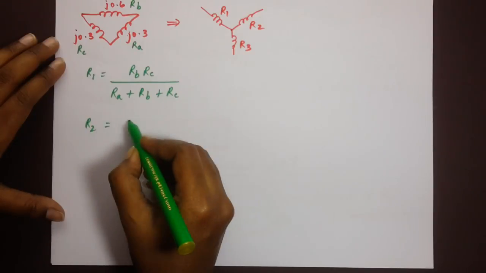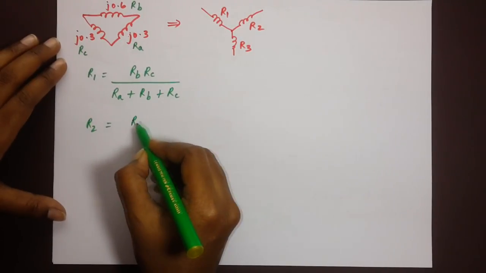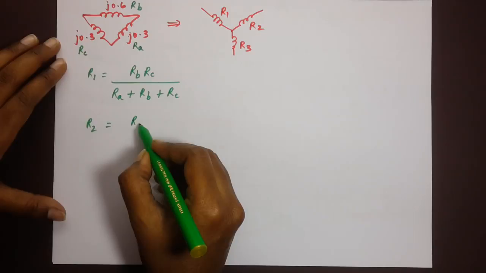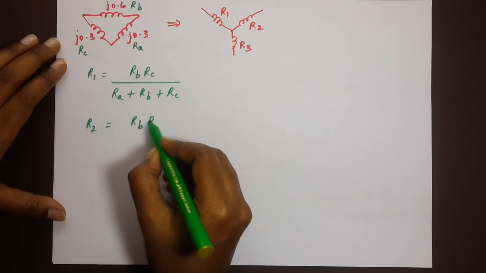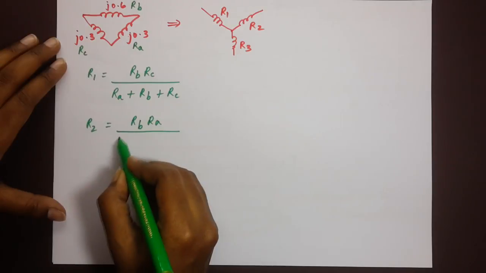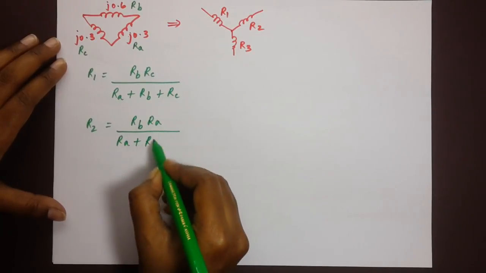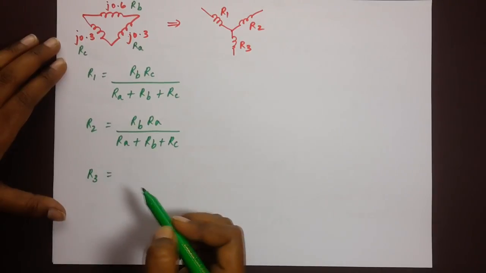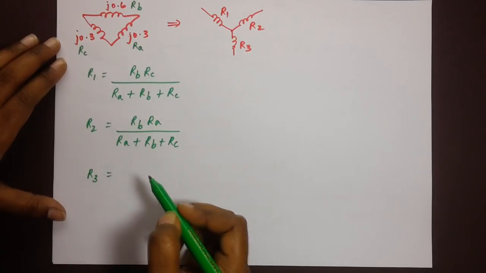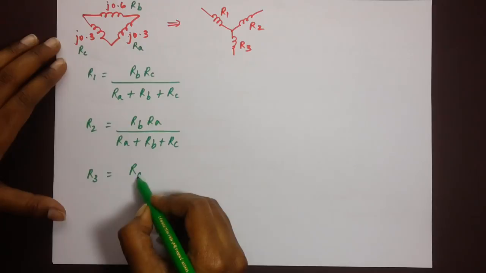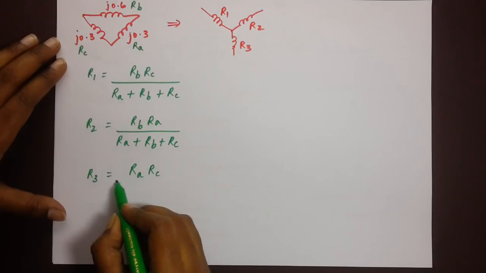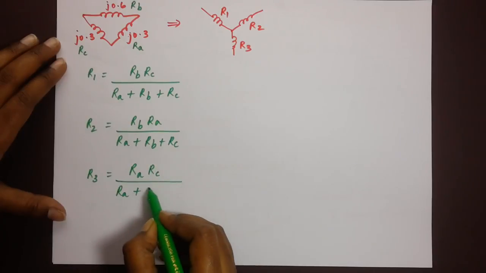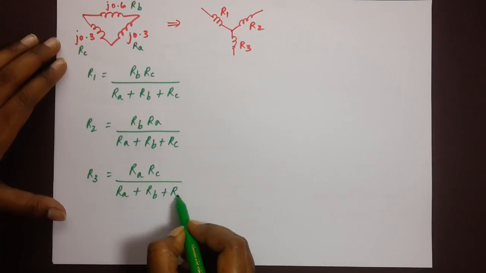Similarly, R2 would be RB RA divided by RA plus RB plus RC, and R3 would be RA RC divided by RA plus RB plus RC.